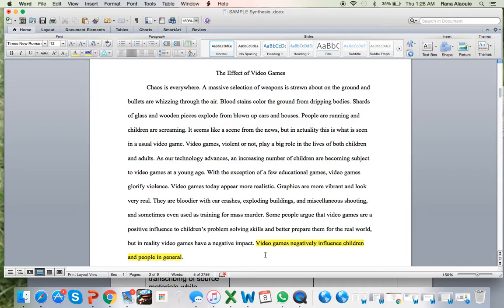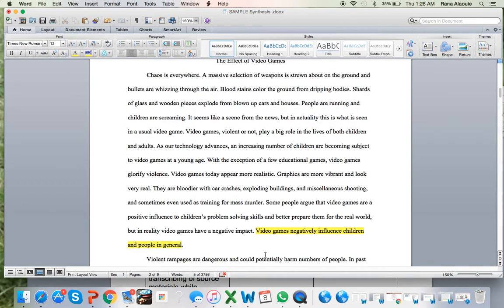When it comes to college, it will depend on the professor, but usually the open claim is what is recommended.